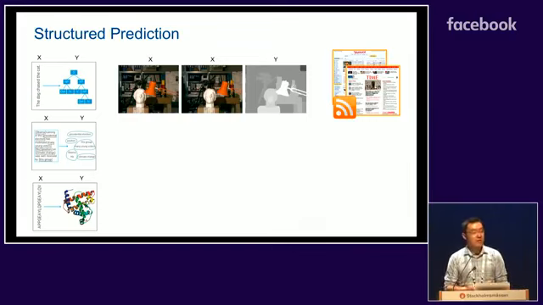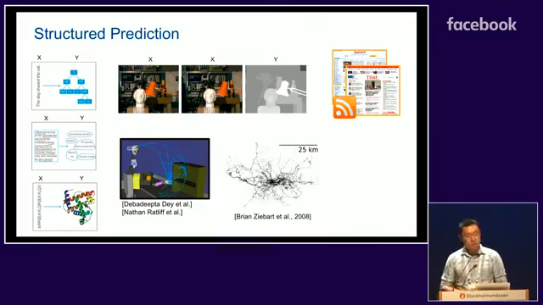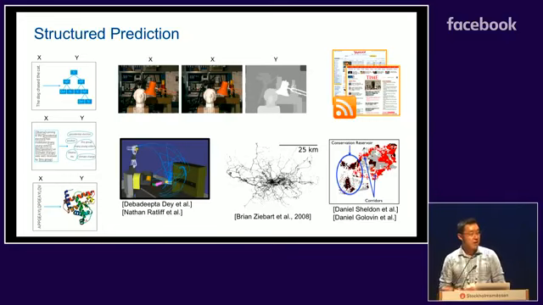And the space of all possible rankings is also combinatorially large. Robotic trajectory planning, routing. Routing is a structured prediction problem. And things like conservation planning, where you want to do planning for conservation areas in an urban environment, satisfying constraints such as the fact that they're all connected and other sorts of ecological constraints as well. So these are all just a few examples of the many, many, many types of structured prediction problems in the world today.